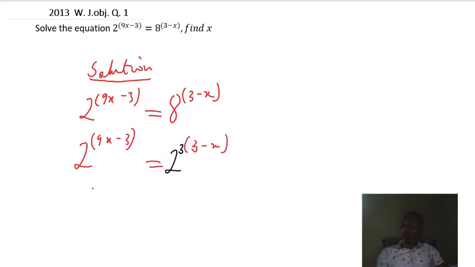And let's continue. So we have 2 exponent bracket of 9x minus 3 equal to 2 exponent 3 times 3 will give us what? Will give us 9. Then 3 times x will give us what?